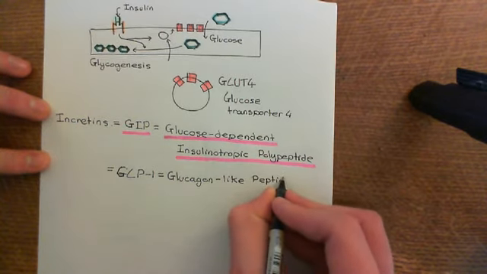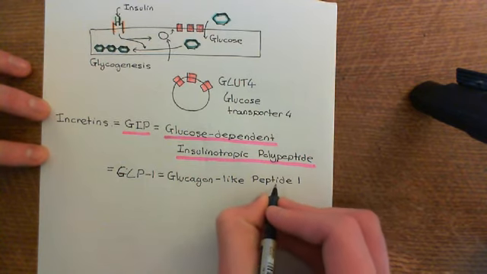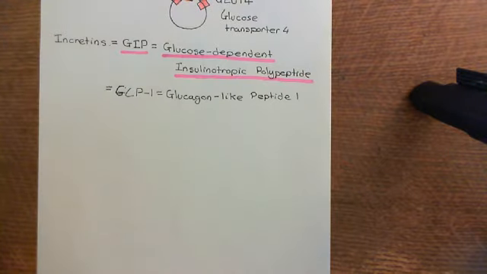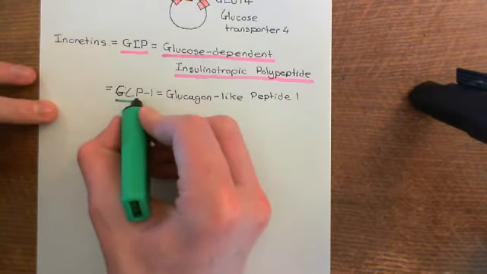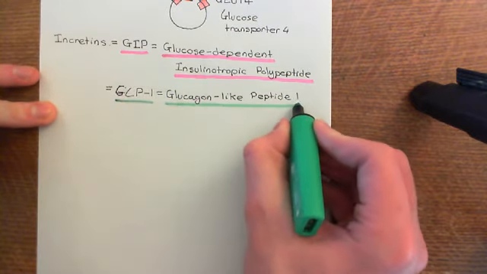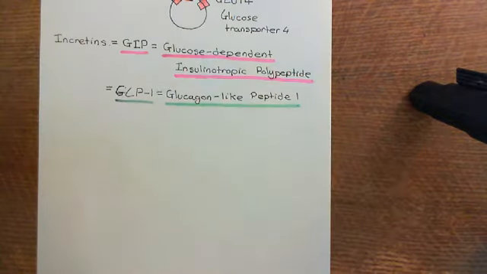Basically, both of these molecules are going to be secreted by different portions of the intestine, which is why I wanted to talk about the anatomy of the intestine earlier on. And they're going to have effects on the amount of insulin secreted by the beta cells of the islets of Langerhans in response to a certain rise in glucose.